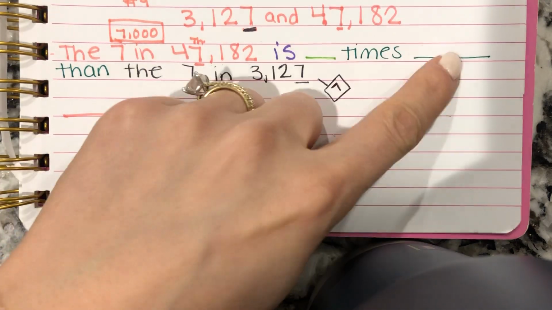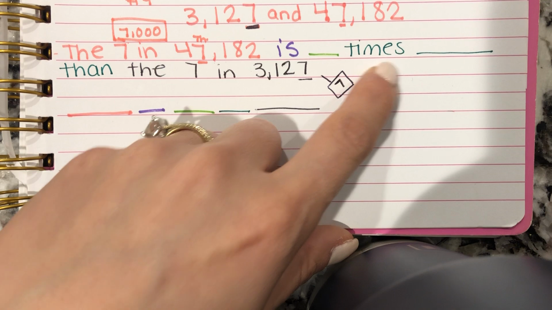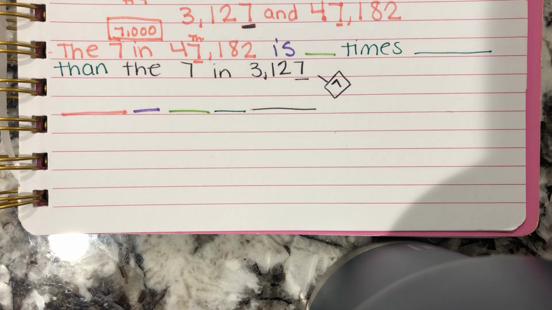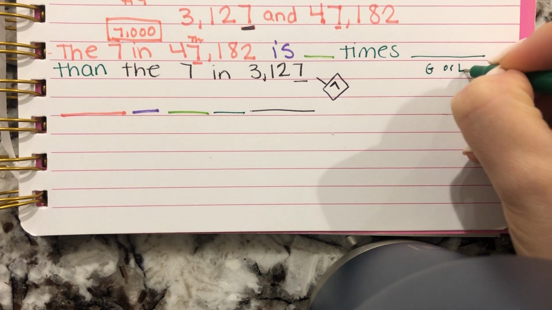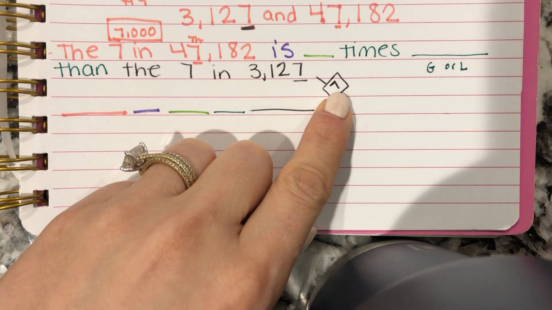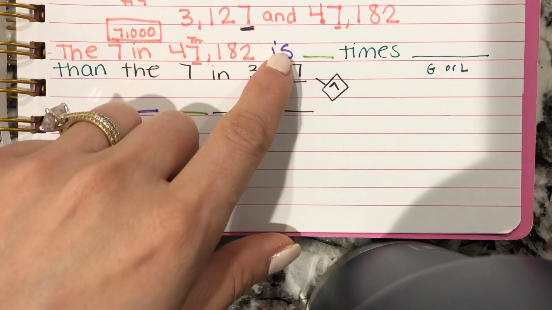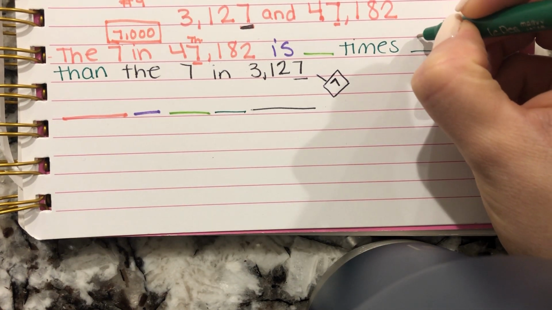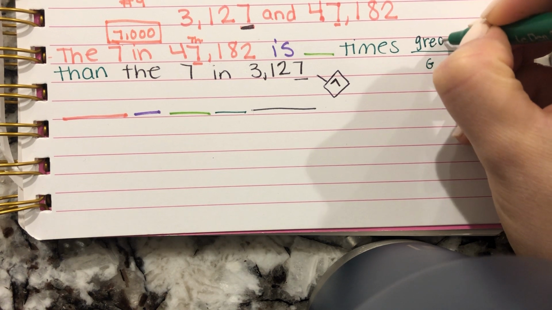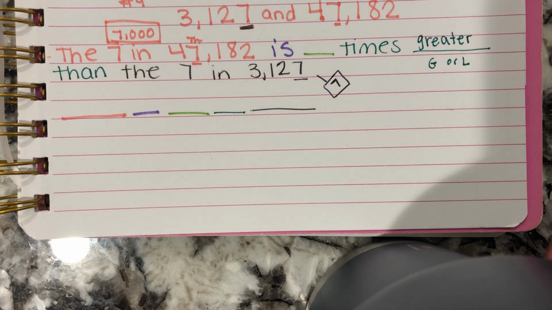All right, let's see if we can fill in greater than or less than. 7,000 is sometimes greater than 7, or 7,000 is sometimes less than 7. 7,000 is greater than 7. 7,000 is less than 7. I hope you guys can hear it. 7,000 is greater than 7.